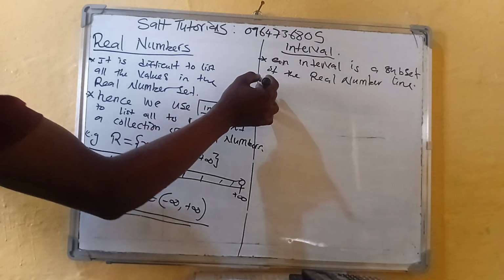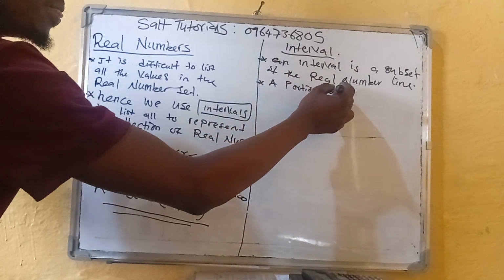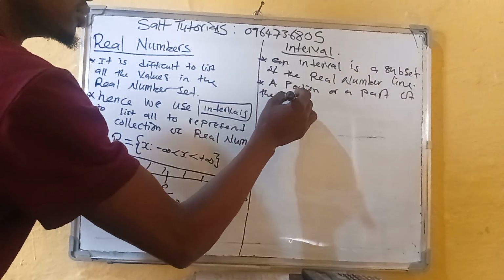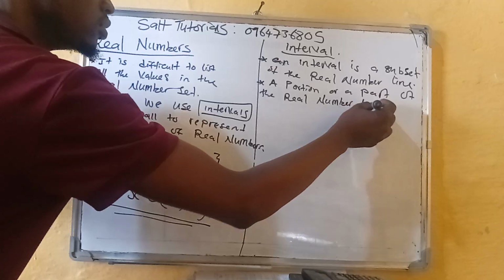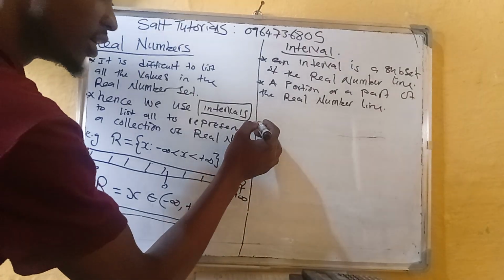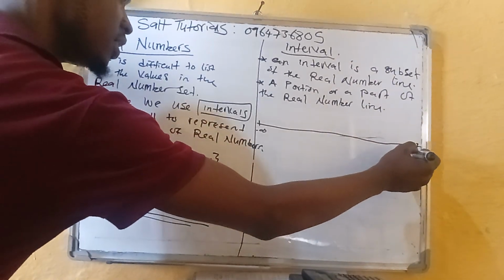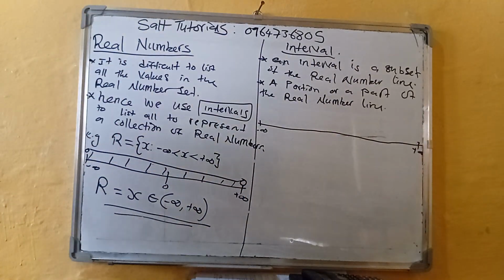Or somebody will just simply say in simple language, a portion or a part of the real number line. That's the interval. So it means that if this is my real number line running from negative infinity to positive infinity, then I have a lot of values in between here. Whole numbers, natural numbers, irrational numbers, integers, a lot of values.